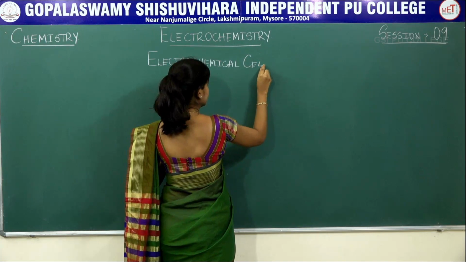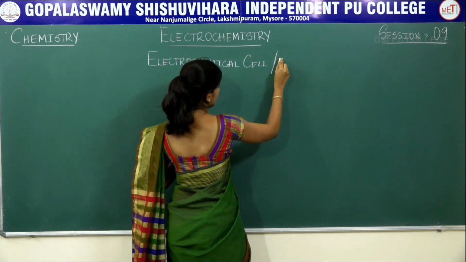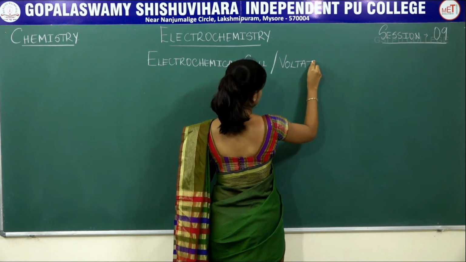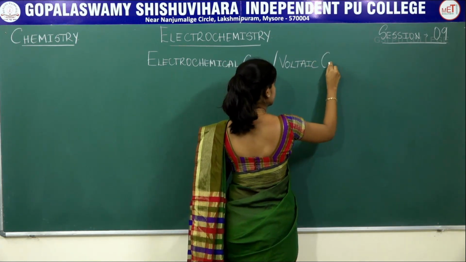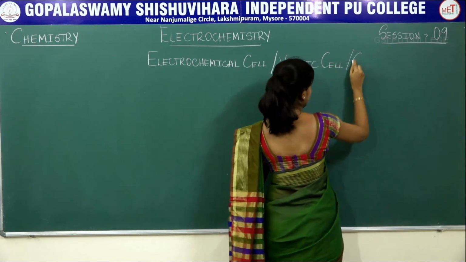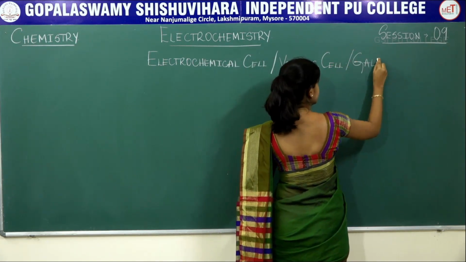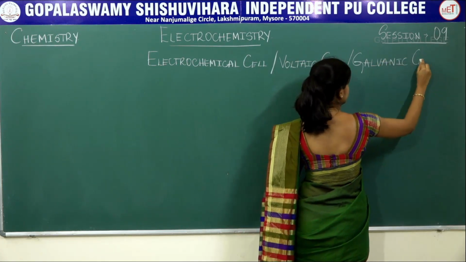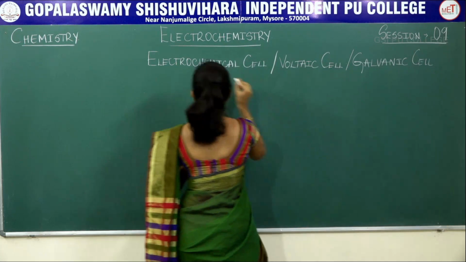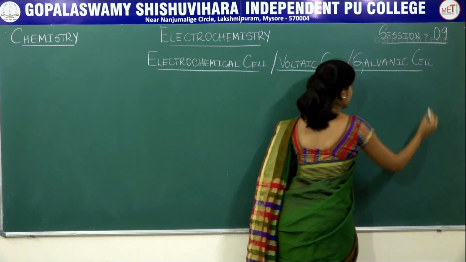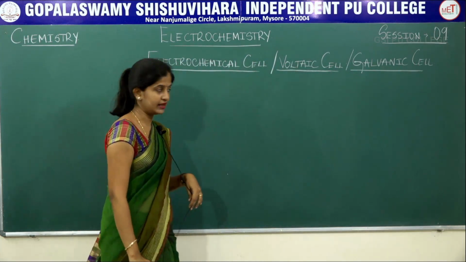These are also called voltaic cells, or galvanic cells. Galvanic cell, electrochemical cell, voltaic cell are all one and the same.